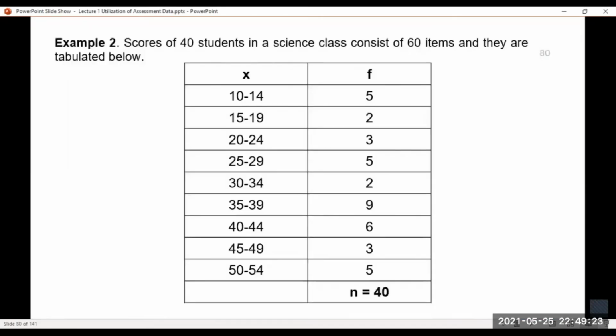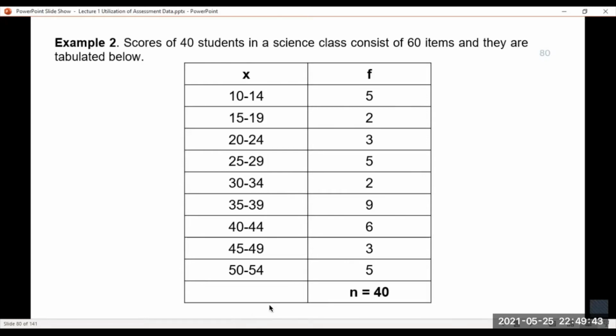Okay, so let's try this example. This is an example of grouped data. The scores of 40 students in a science class consist of 60 items and they are tabulated below. So we already have our categories, from 10 to 54.